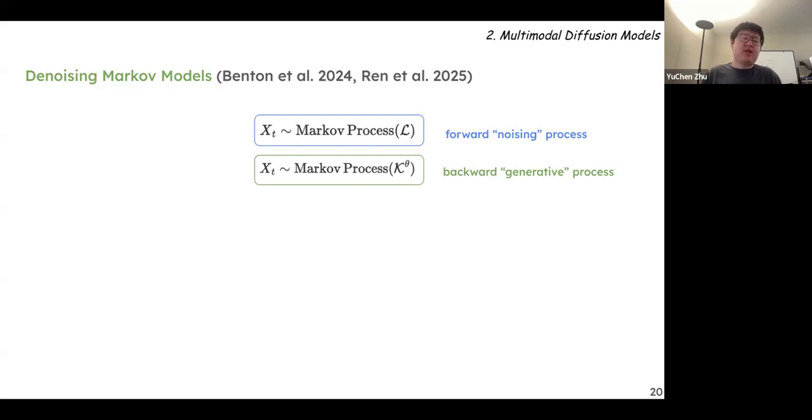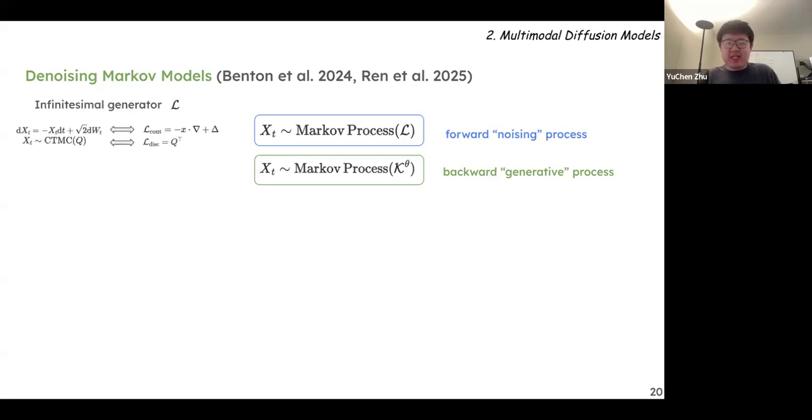So we can consider all these diffusion models to be special cases of this, where we are just switching different generators. For the backward process, it's also some Markov process with a different generator K theta.